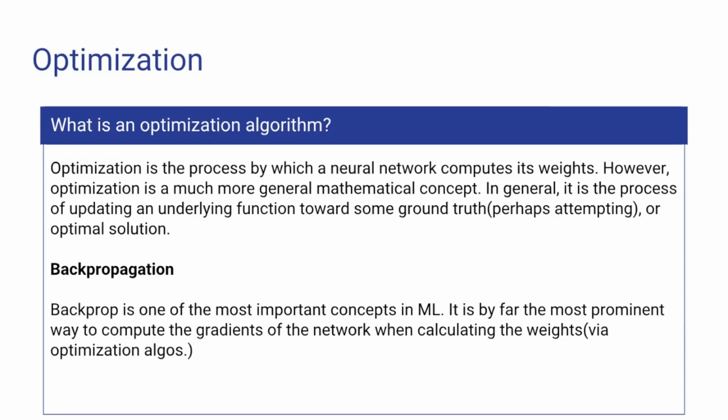You can consider, to a certain extent, machine learning and all of computer science a subset of mathematics. But optimization is essentially just updating an underlying function towards some ground truth, or in reinforcement learning, it's known as optimality or the optimal solution.